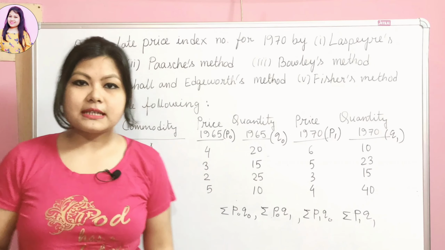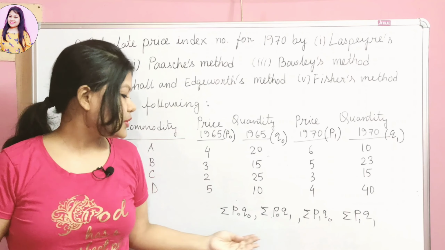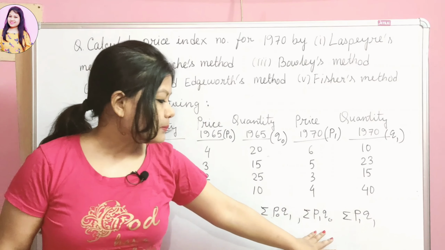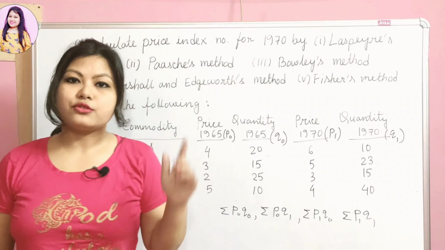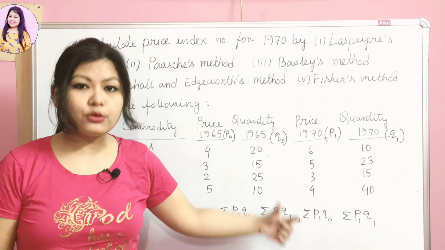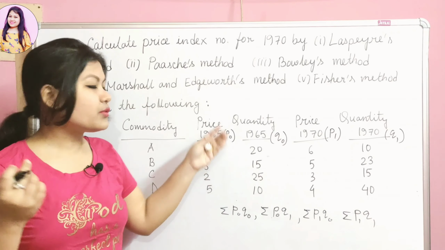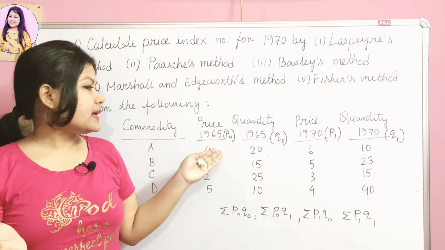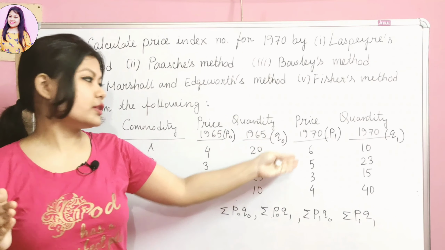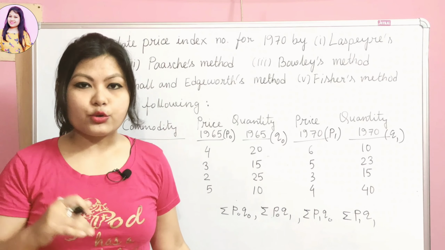So first we will find all these product values and then the summation values. Here we assume 1965 as the base year, with price denoted by P naught and quantity by Q naught. For the current year, price is denoted by P1 and quantity by Q1.